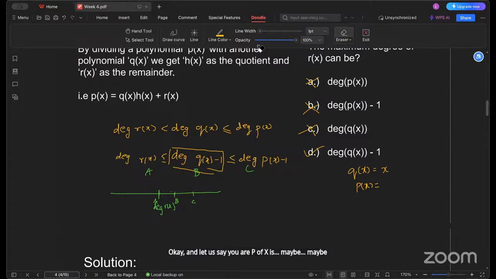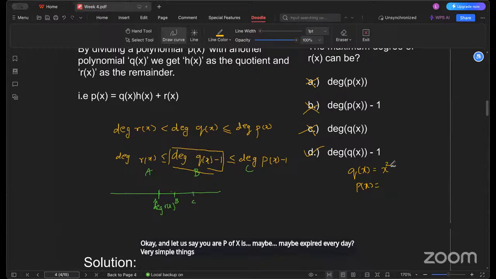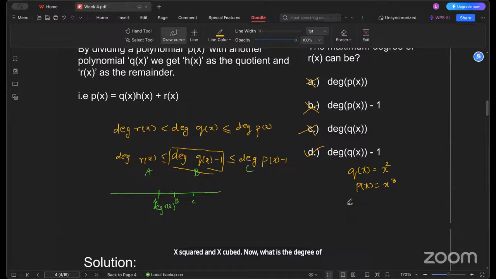I will take very simple things. What is the degree of Q of x and P of x? What is the relation between them? The degree of Q of x is strictly greater than that of P of x. Now, in this case, what is the degree of R of x?